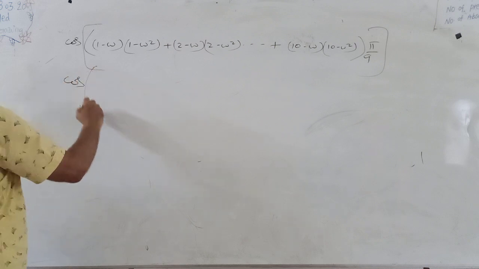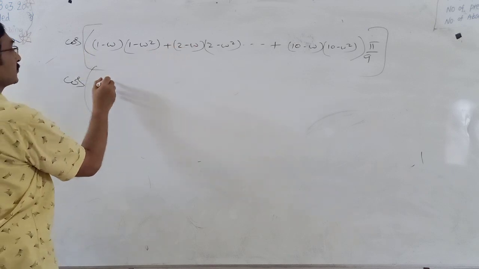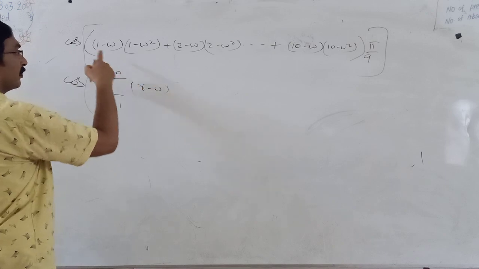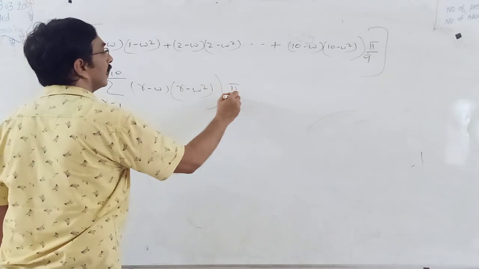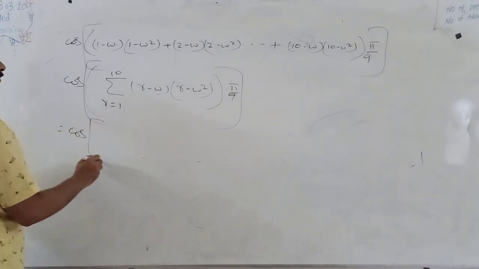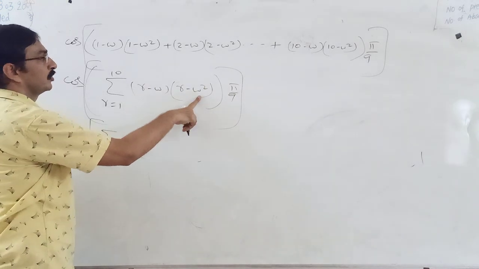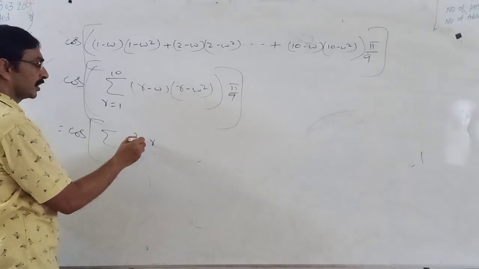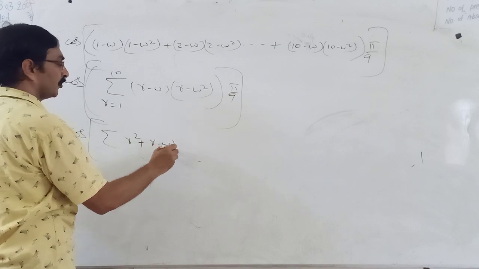So there are 10 terms. This can be expressed as sigma r equal to 1 to 10 of (r minus omega)(r minus omega square) times pi by 9, equal to cos of sigma r into r square minus r omega square minus r omega. By taking minus r common, omega plus omega square has value minus 1, so plus r. Minus omega into minus omega square, omega cube, has value 1.